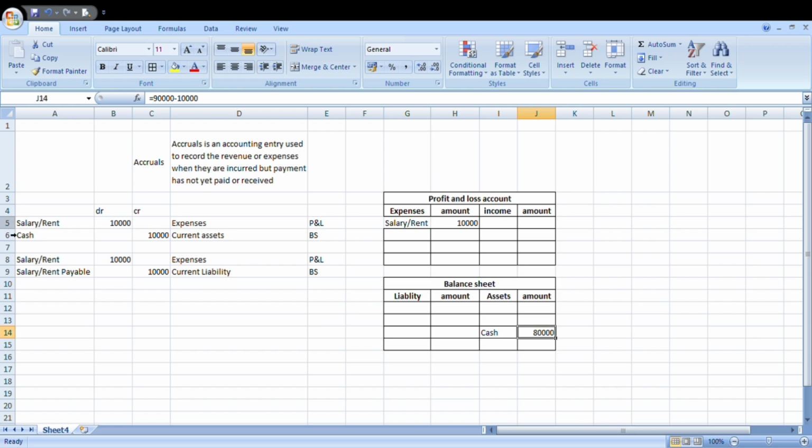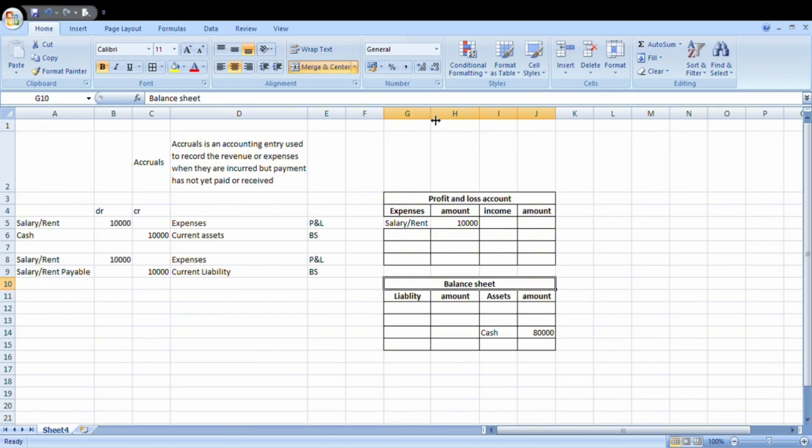Okay, this is the first entry. So salary hits P&L and cash hits the cash account. Before, we had a 90,000 cash balance. After paying the salary or rent, cash will become 80,000.